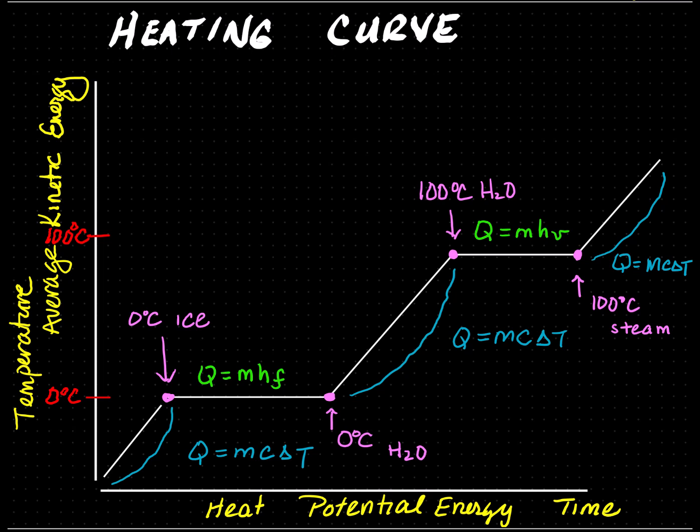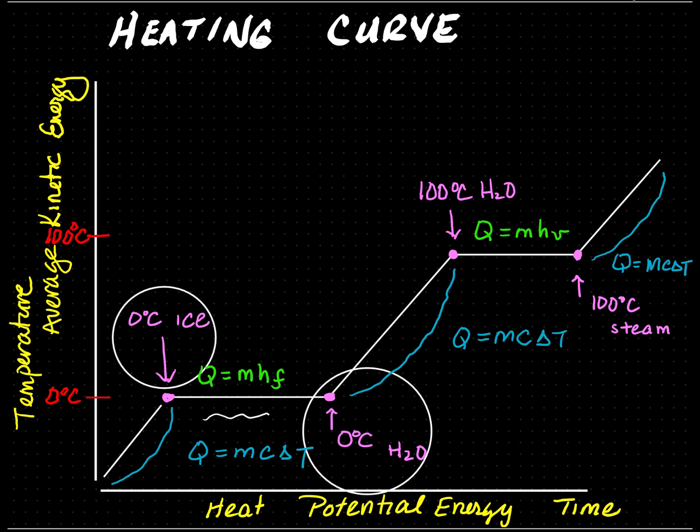The other thing you need to note: at the beginning of the melting point or the end of the freezing point, we only have solid ice for water. This right here is 0 degrees ice. At the end of the melting point or the beginning of the freezing point, we have only water, and this is 0 degrees Celsius water.